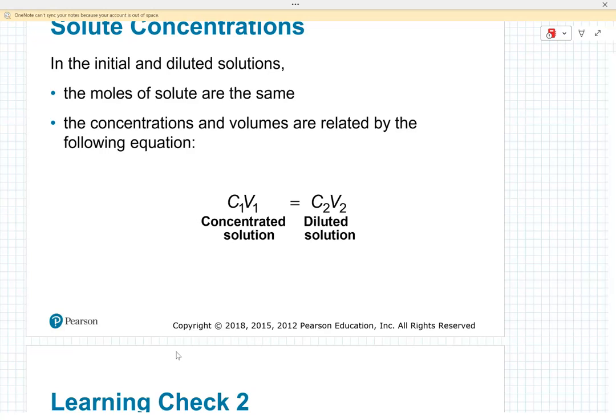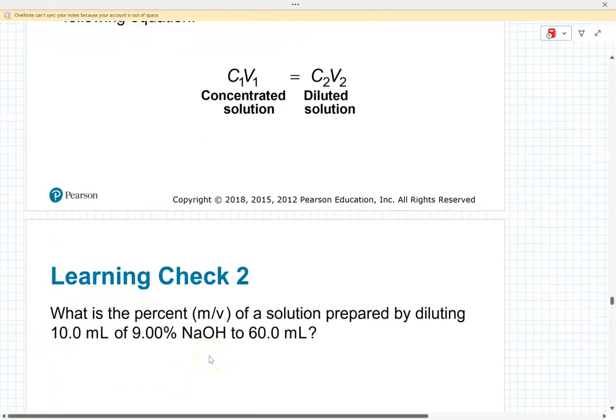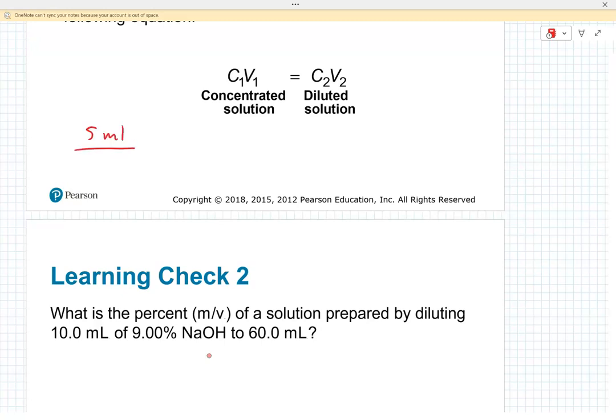Because if you think about this, let's just play. Let's say you have concentration of 5 milliliters per 100 milliliters. Okay? 5%. Make sense? And the volume, I don't know, 10 ml. Okay? What if you dilute it to 20 milliliters?